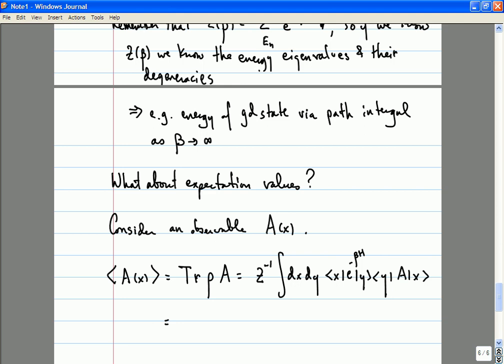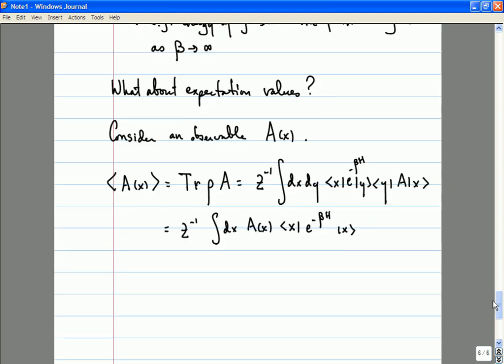So I could write this as Z inverse times the integral dx A of x, now just a function of x, times the expectation value of e to the minus beta H in one of these position eigenstates.